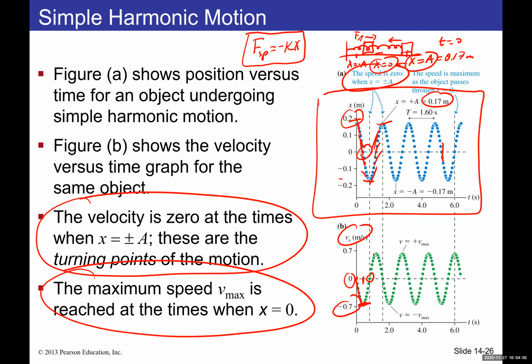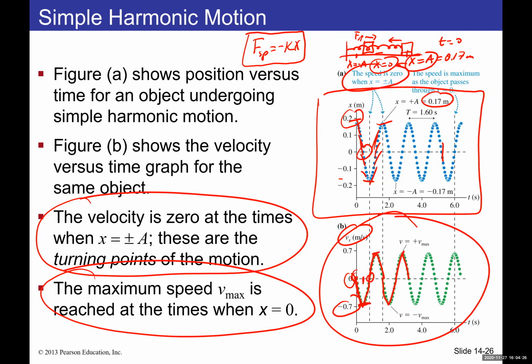Then you speed up again to x equals negative A, and in this case you're going in a positive direction. So this is from A to zero to negative A to zero to positive A, and again zero, negative A, zero, positive A, and so on.